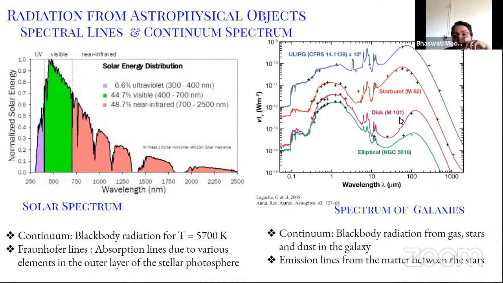But then there are also spikes which are more like spectral lines, and spikes going downwards, which are like absorption lines. So you have emission lines and absorption lines, and they arise from the matter between the stars. This is just to give you an overview.